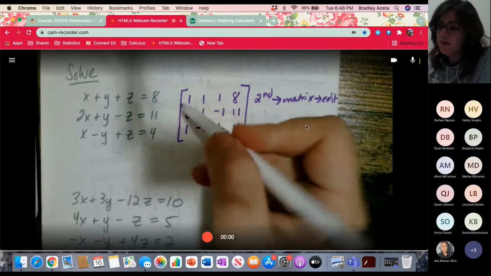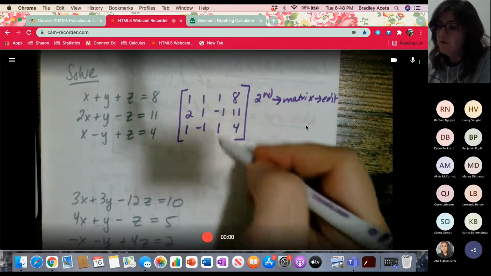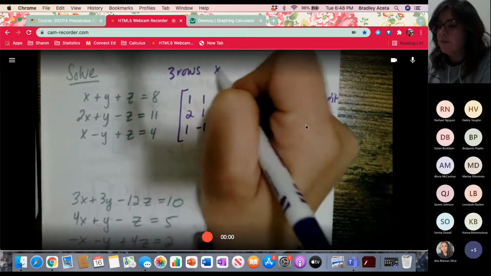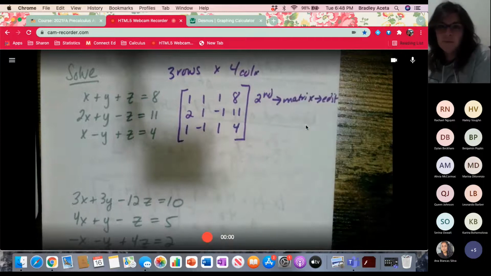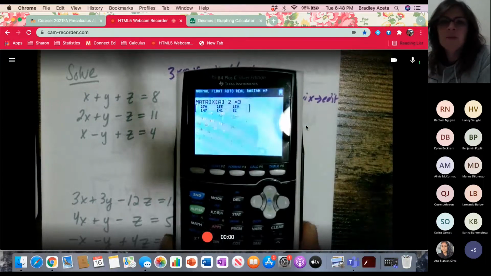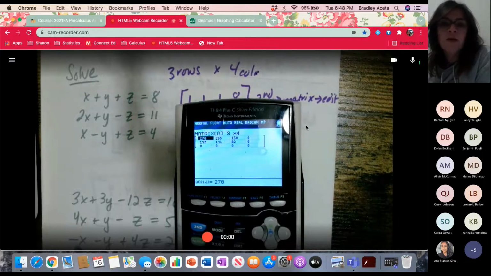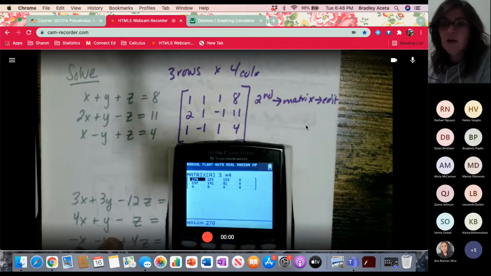I want it to be 3 rows, 1, 2, 3, 4 columns, 3 rows, 4 columns for this one. So I'm going to type 3 and 4. And notice what they did. Now I have enough spaces to type all of these numbers in.